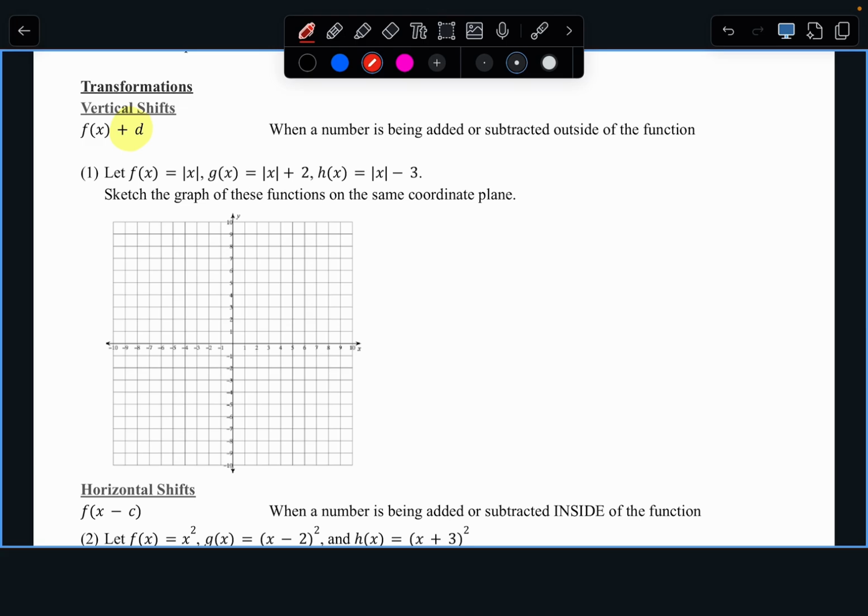So I'm going to use different colors to show you how these changes are happening. I'm going to start with f of x in black. The absolute value function starts at 0, 0 and goes up 1 over 1 in both directions to make a v.